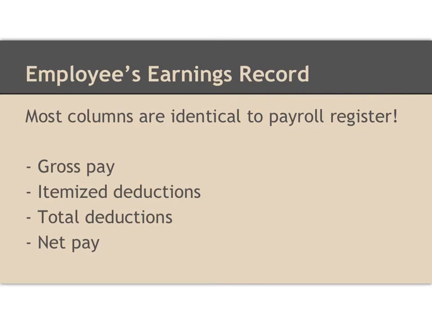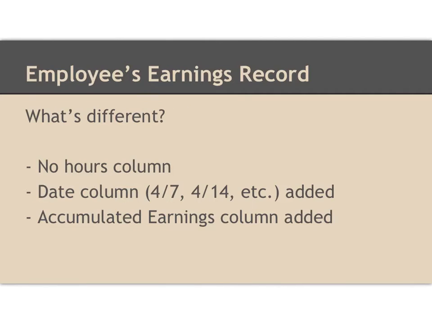So again, many of the columns are identical to the payroll register: gross pay, itemized deductions, total deductions, and net pay. Our difference here, you might have noticed, I didn't mention it until now, there was no information about how the regular and overtime and total earnings were computed. We just went straight to the idea of here's what they were paid in each category.